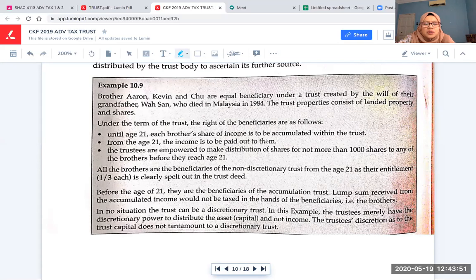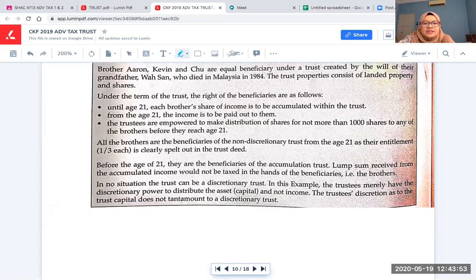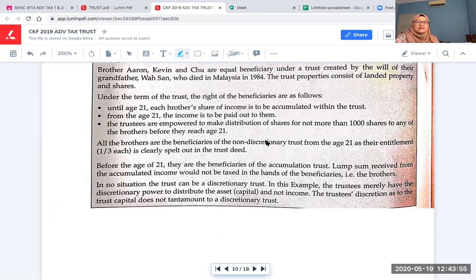Before the age of 21, they are the beneficiaries of the accumulation trust. A lump sum received from the accumulated income would not be taxed in the hands of the beneficiary. So later we will look into the issue of accumulation. When you talk about accumulation, usually if you are underage, below 18 or below 21, rather than giving the money to the beneficiaries, they will put it into an accumulation.